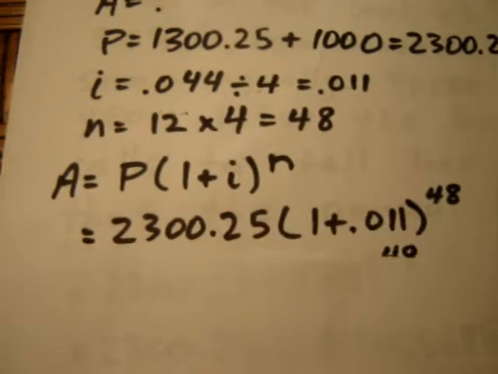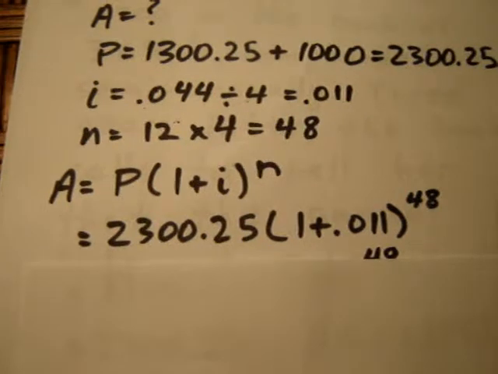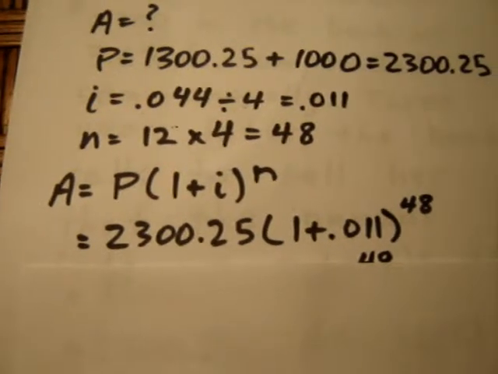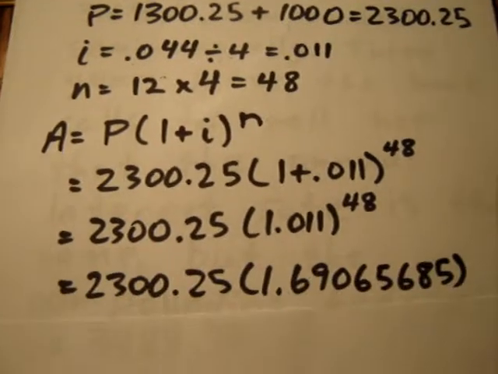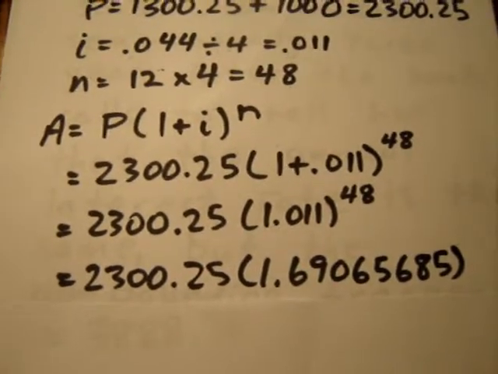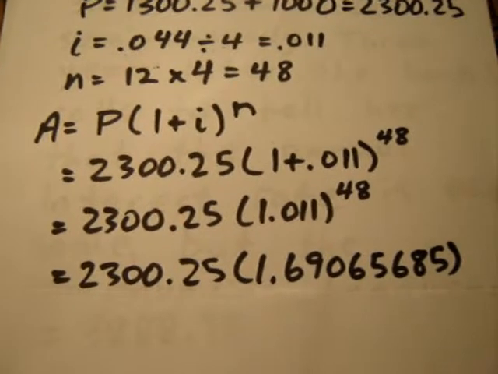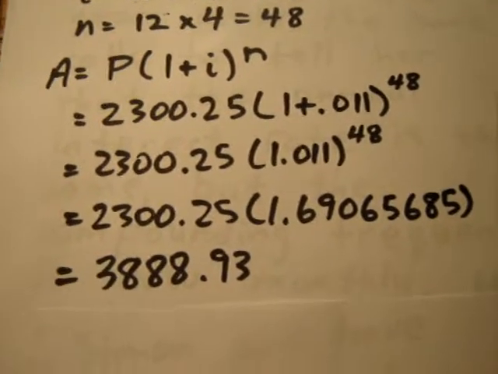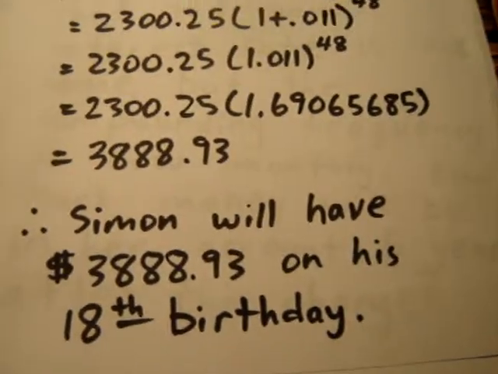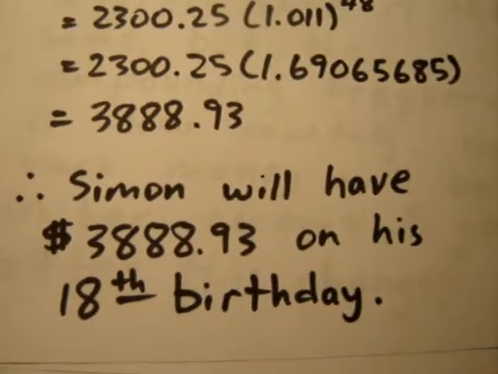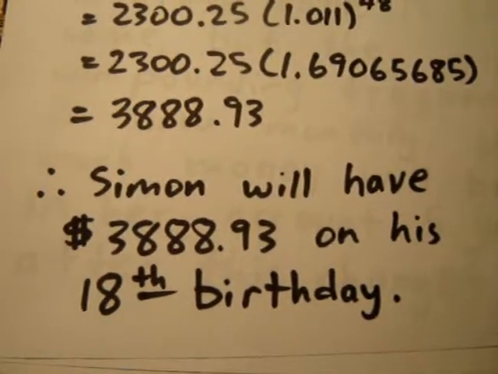So we plug these numbers into our formula, $2,300.25 times (1 plus 0.011) to the exponent of 48. Well, we evaluate our bracket, we evaluate our power, we multiply 1.69065685 times $2,300.25, and we get $3,888.93, which means that Simon will have $3,888.93 on his 18th birthday, and maybe he can use that for college or go to Cancun.